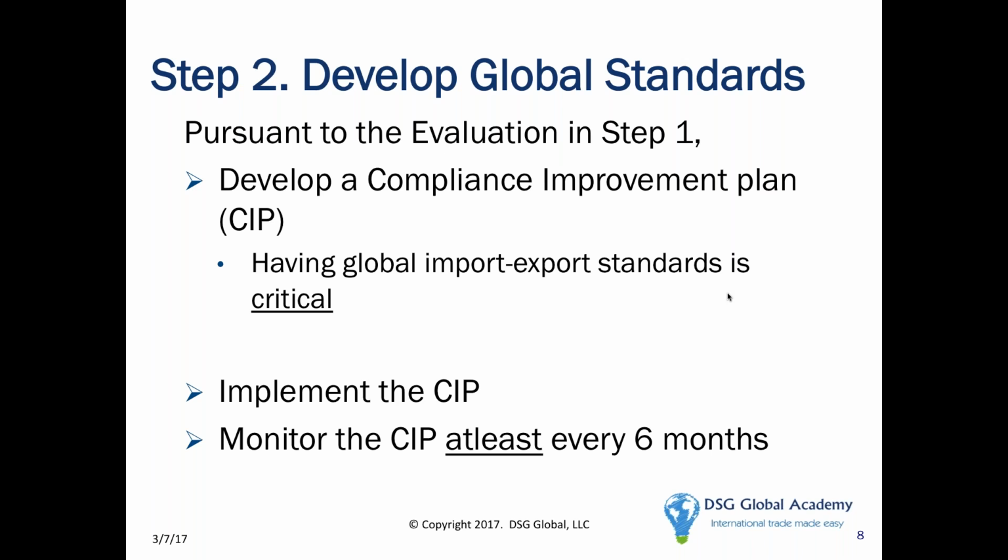Now, many of you might say, oh, that's impossible because global rules are different. And I totally agree with you. That's why I suggest creating some standards, which are some very short instructions or benchmarks that every country needs to follow and incorporate in their own individual customized import-export policies and procedures.